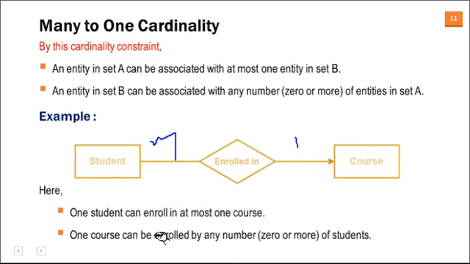One student can enroll at most in one course. It means a student can enroll for at most one course only, not more than one course.